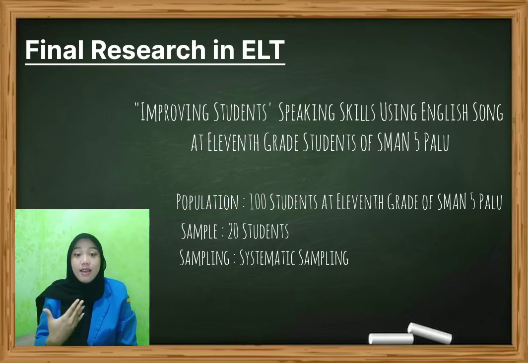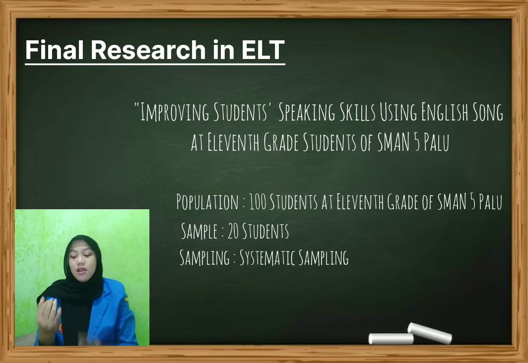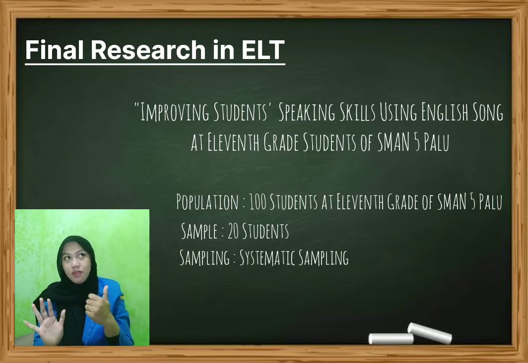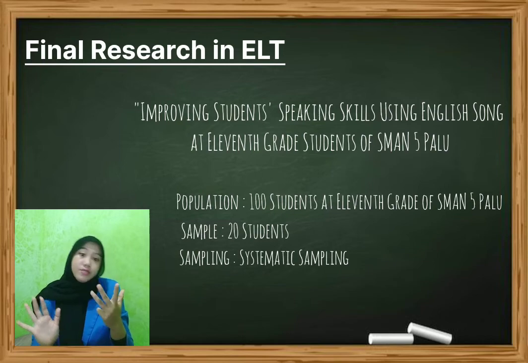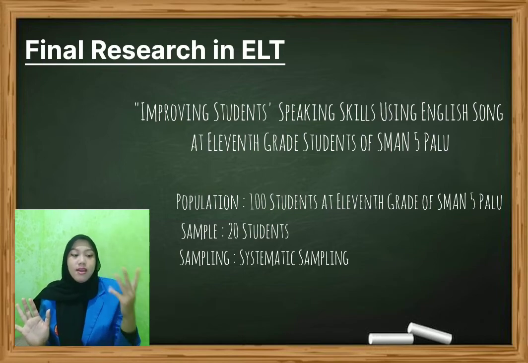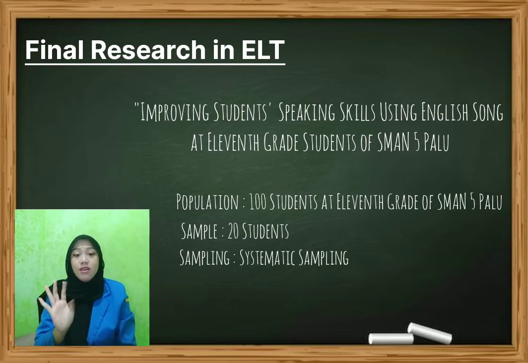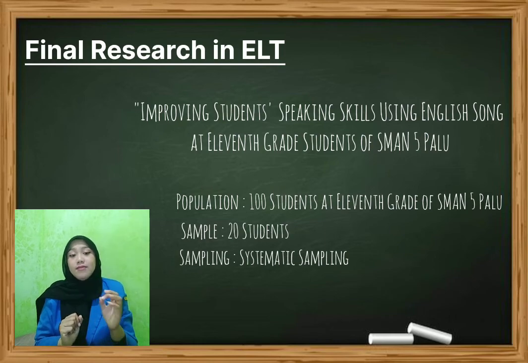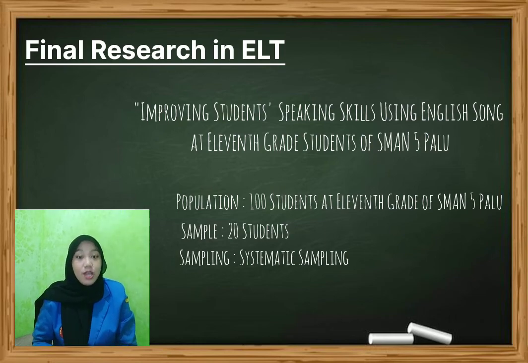So I got the numbers 5, 10, 15, 20, 25, 30, 35, 40, 45, 50, 55, 60, 65, 70, 75, 80, 85, 90, 95, and 100. So I got a sample of 20 students using systematic sampling.